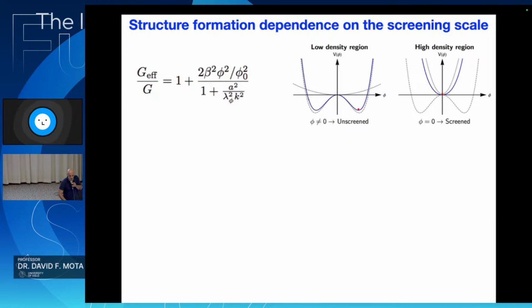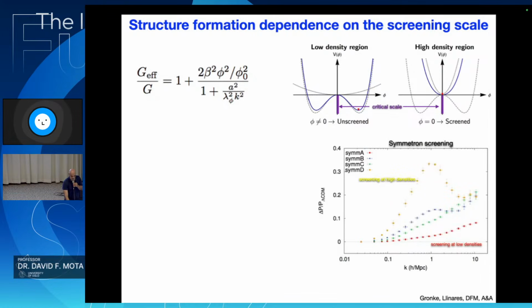As I come to a lower density universe, my symmetron becomes unscreened, so my scalar field will take one of the other values. And this transition scale is a free parameter of my model. So I can probe what this free parameter does to structure formation as well, and this is what I'm trying to show you here.